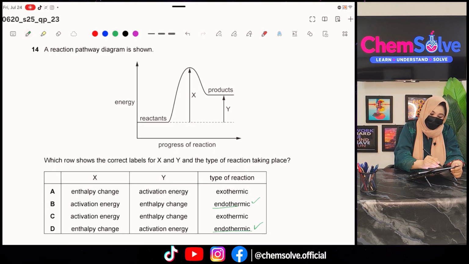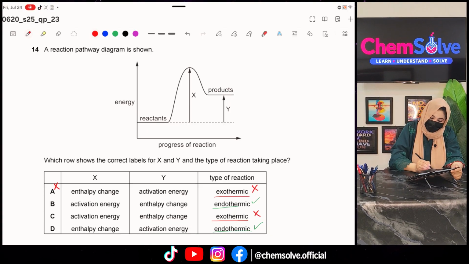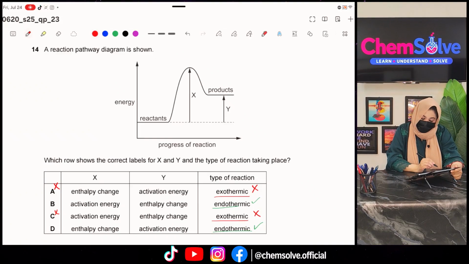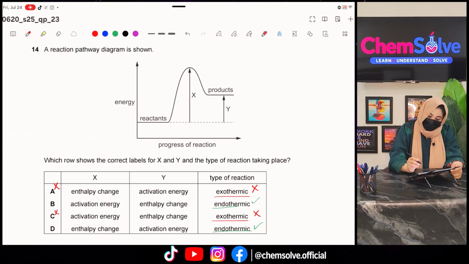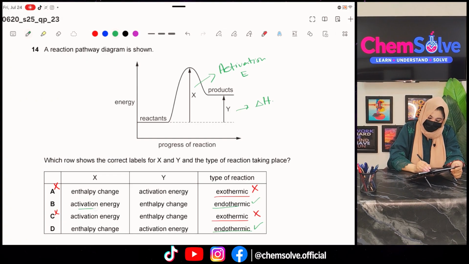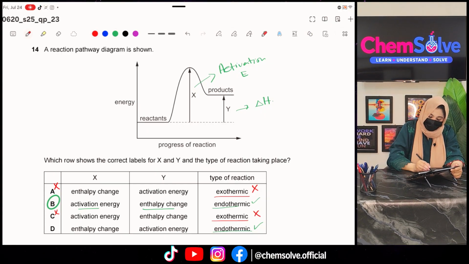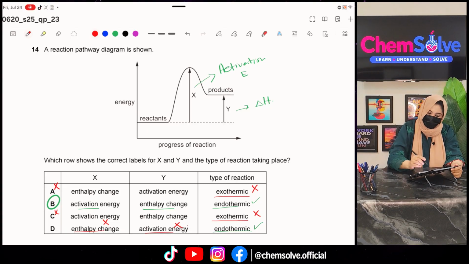So exothermic is incorrect. That's why A and C are not our options. I have to choose between B or D. X is activation energy and Y is delta H, enthalpy change. So X is activation energy, Y is enthalpy change. That's why the correct option is option B. In option D, they have been switched. So this is wrong.